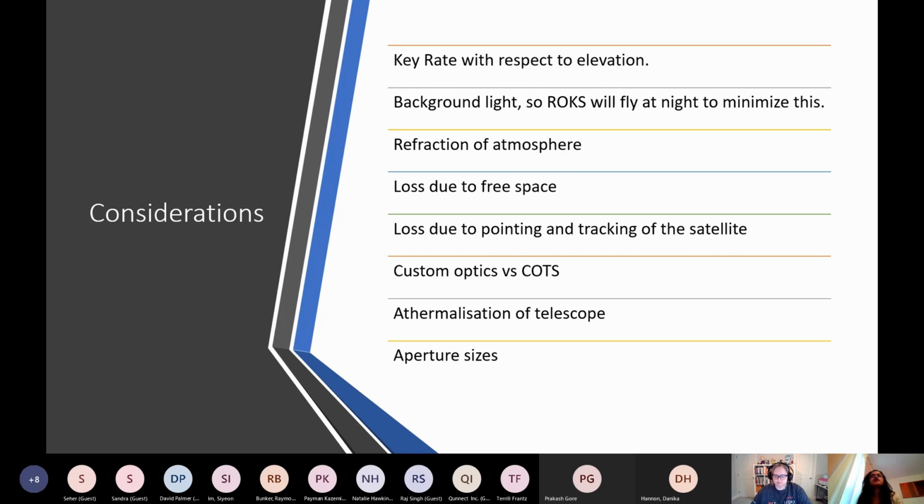This will also help us create receivers which can not only be in space, but also on our cars, on boats, on any kind of terrestrial system on the ground. So sometimes when GPS is not available, we will be able to use these quantum atomic clocks, which would come in very handy.